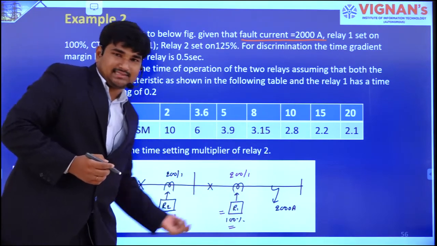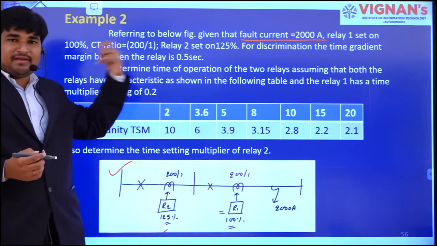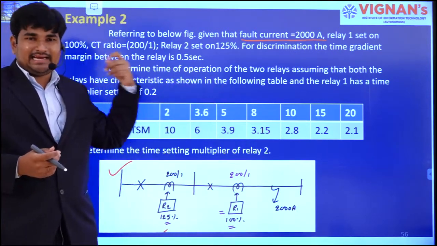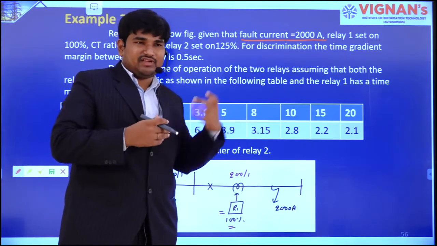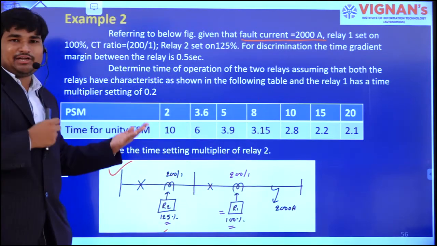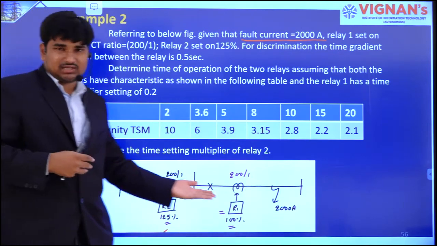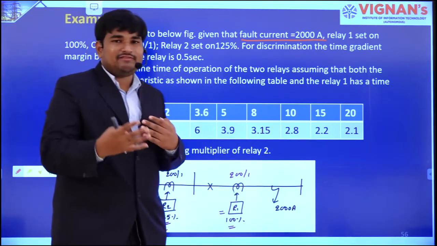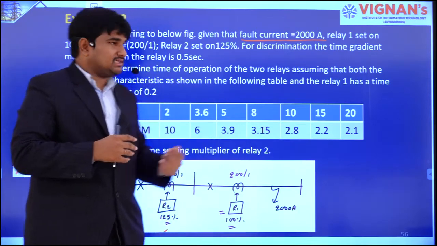We have 2 relays. Previously, we took only 1 relay and calculated its operating time. Now, if I have 2 relays in a power system network, how will the characteristics be? Let us discuss here.